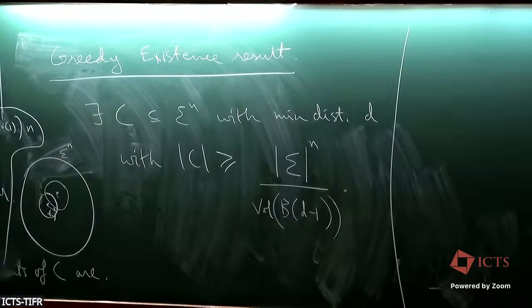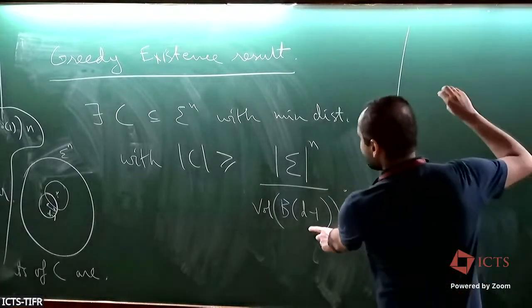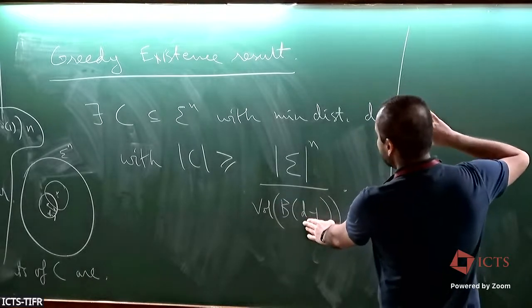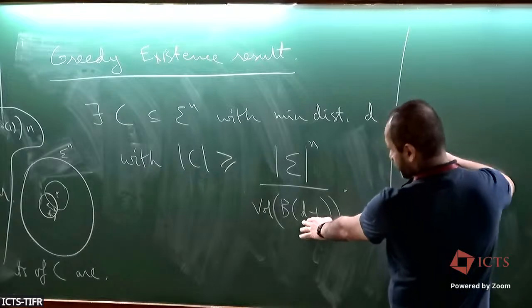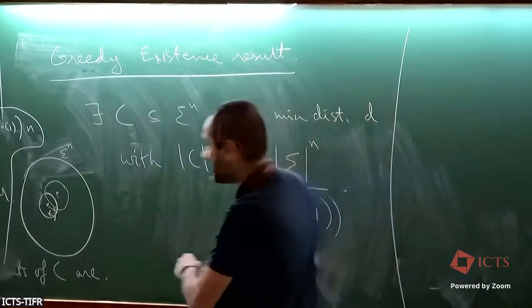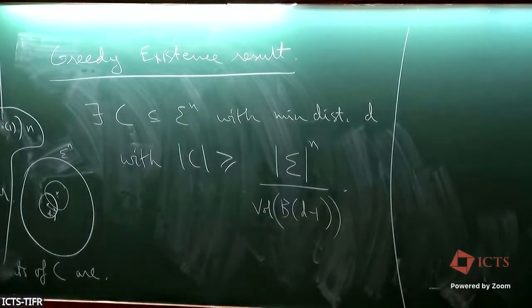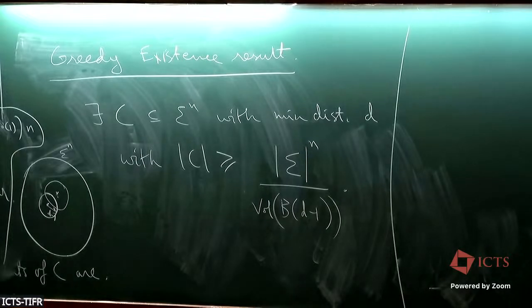Okay, and how does this look, just to know, when d is delta n? Let's say sigma is 2, d is delta n. When sigma is 2 and d is delta n, this is again of this form: 2 to the n, and then it loses an exponential 2 to the c delta n.